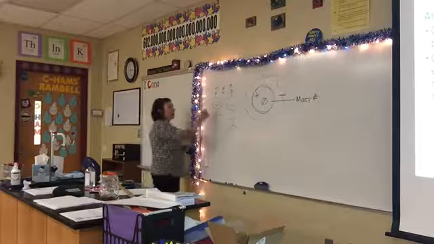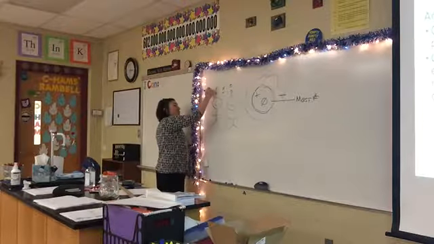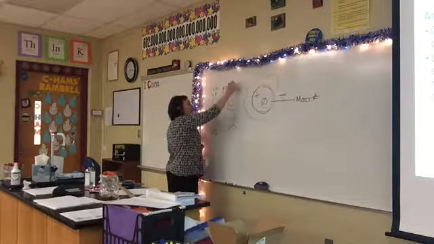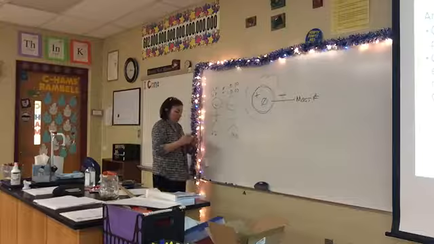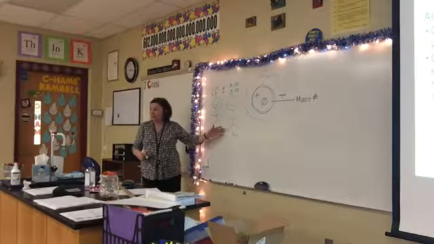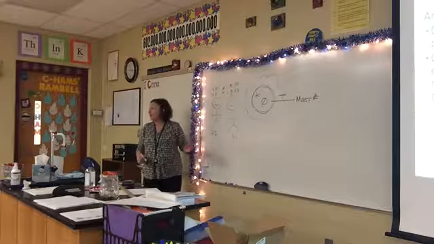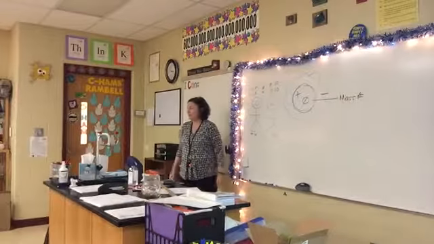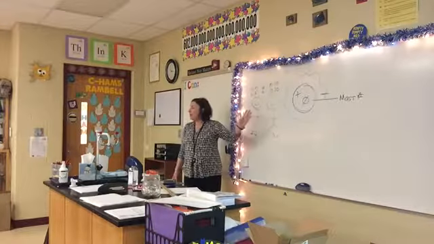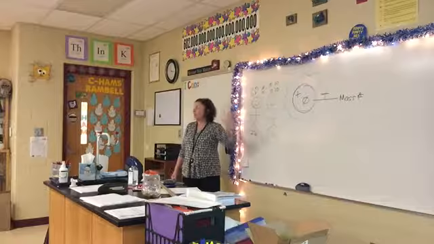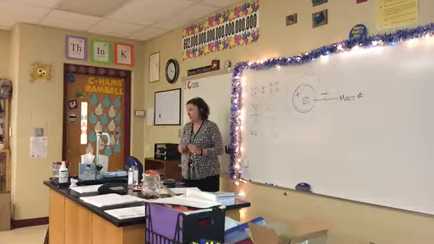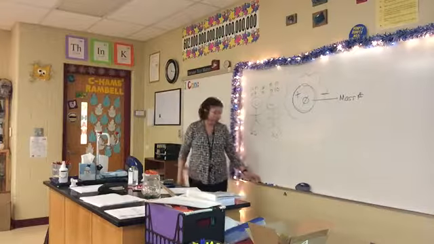Twin 1, let's say, has a mass of 22, and twin 2 has a mass of 20. Although they're the same DNA, the same number of protons, they have different masses. That's what isotopes are. They have the same number of protons, but different masses. Does that make sense? Yes or no? Okay, good.